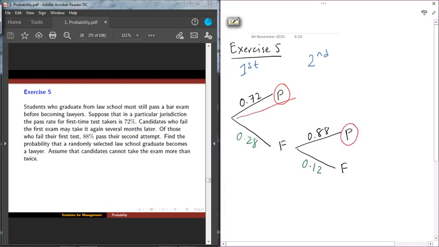What is the probability of becoming a lawyer in the first attempt? 0.72. What is the probability of becoming a lawyer in the second attempt?